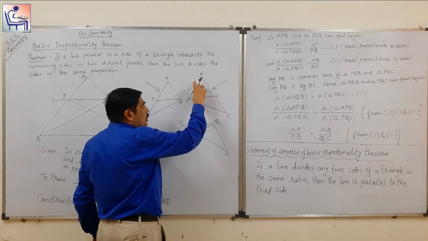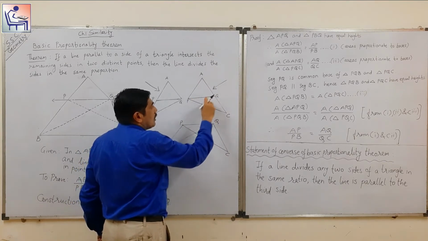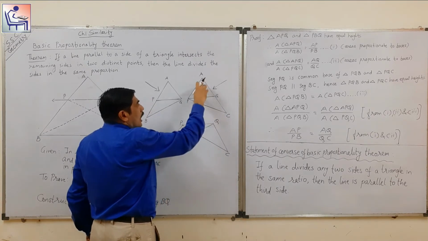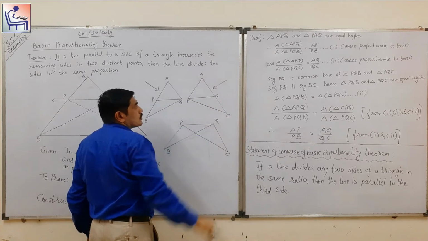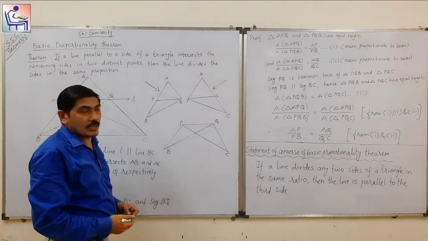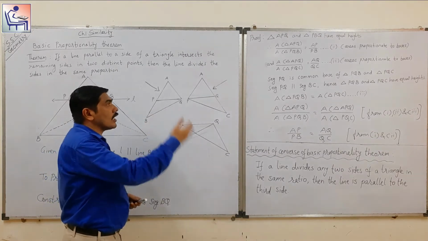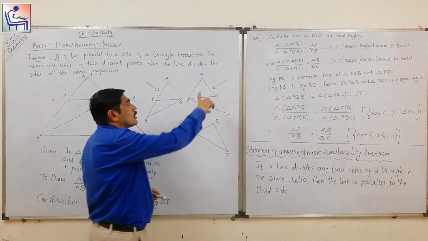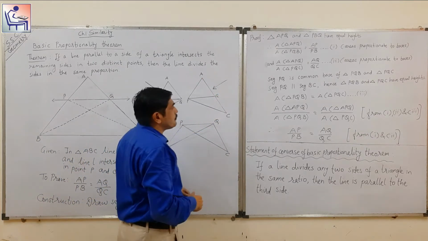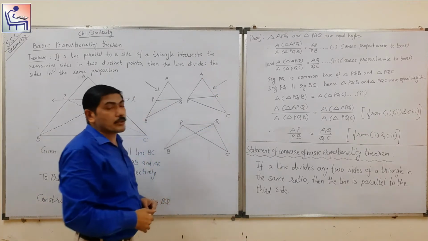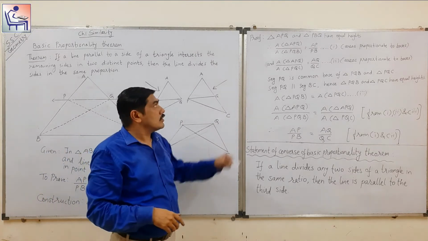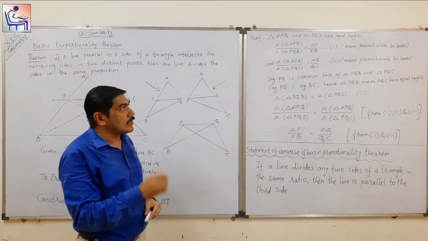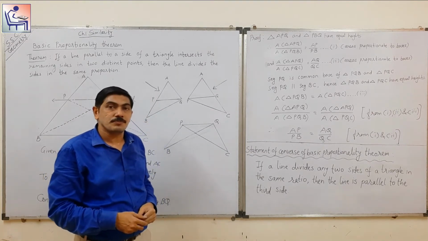In triangle APQ and triangle PQC, PQ is the common height, so their ratios depend upon the bases. उनके जो area का ratio है वो किस पे depend करेगा? Bases पे. So here AQ upon QC, areas proportionate to bases. So for both the first and second points, we have the same reason: areas proportionate to bases.